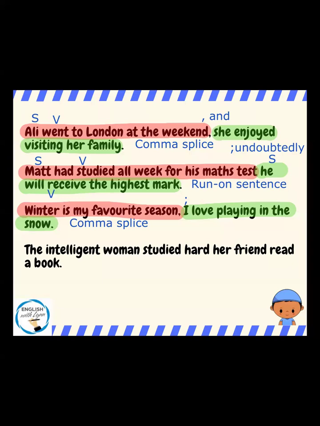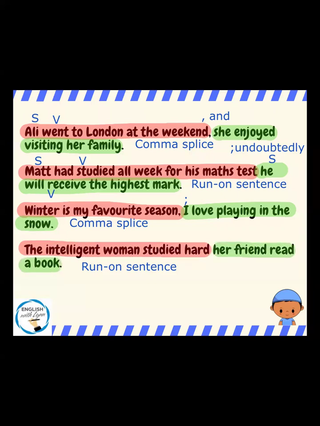Now, the final one here, the intelligent woman studied hard, her friend, but I've not got any punctuation, so I can tell straight away that this is a run-on sentence. And now I need to think about where are my clauses. So looking at the first part, the intelligent woman studied hard. So that is my first main clause. My second main clause, her friend read a book.